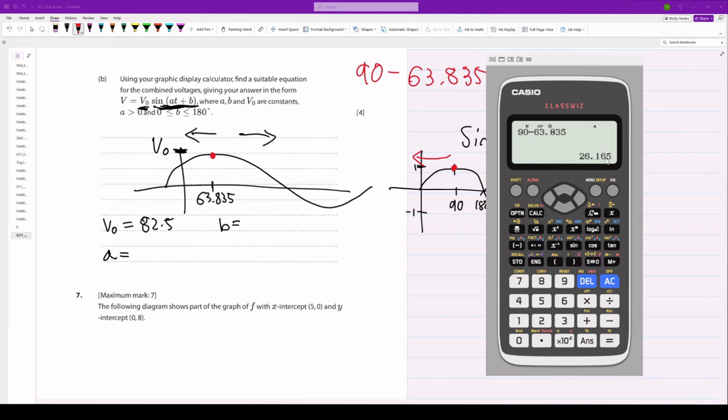So 26.165. 26.165 is how much it shifted. And it shifted in the negative direction, which means that B should be positive. Let's write this in black because it's an answer, 26.165.